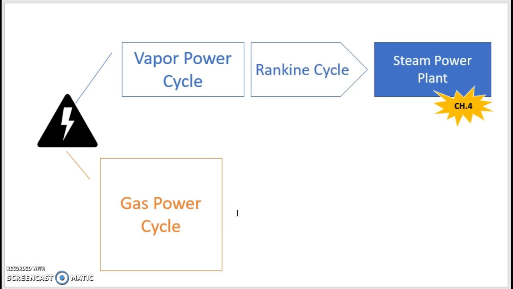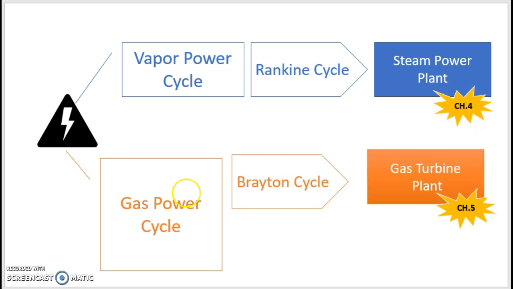Okay. So in vapor power cycle, we have learned about the Rankine cycle, and it is applied in your steam power plant, which has already been taught in chapter 4. And next we have gas power cycle, which we learned about the Brayton cycle, and it's applied in your gas turbine plant, which we have already learned in chapter 5.